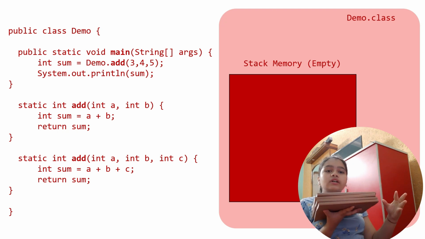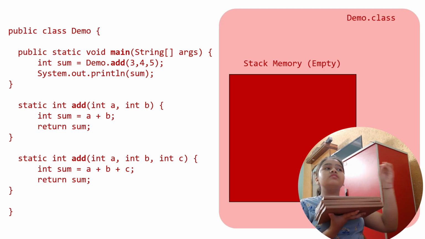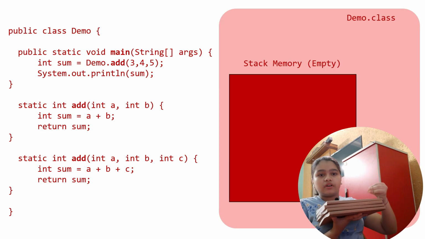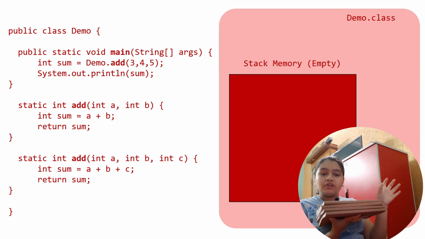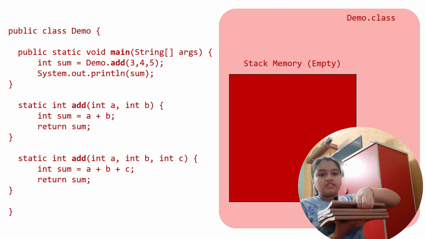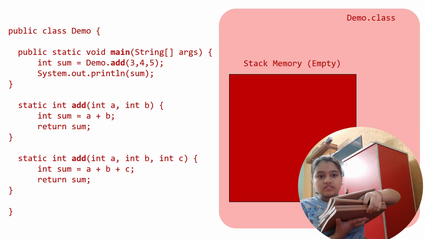When methods are called from the main method, or even when the main method enters the program, they are stored in particular stack frames. Got it? Like this is one stack frame, this is another stack frame, this one is another stack frame, this is another stack frame.